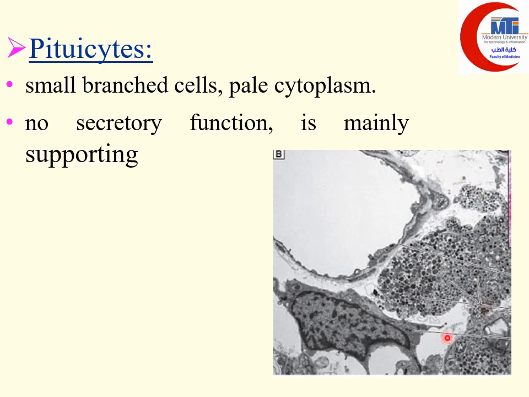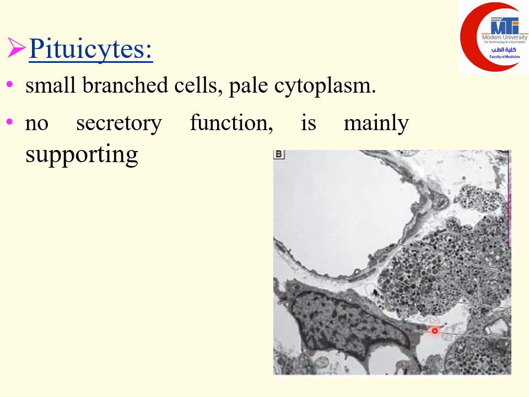This electron microscopic structure of the pars nervosa shows the axon terminal that contains the neurosecretion, surrounded by fenestrated blood capillaries to take this secretion to the blood circulation, and this axon terminal is surrounded by branched cells to support these axons.